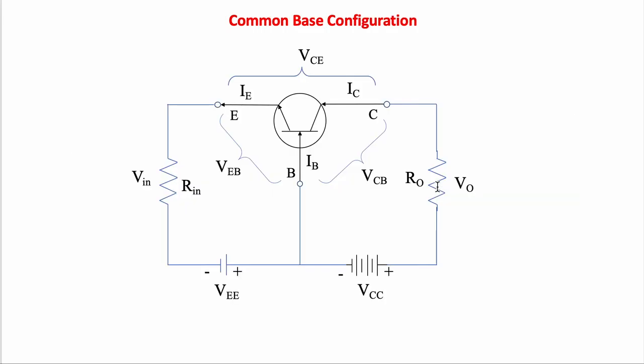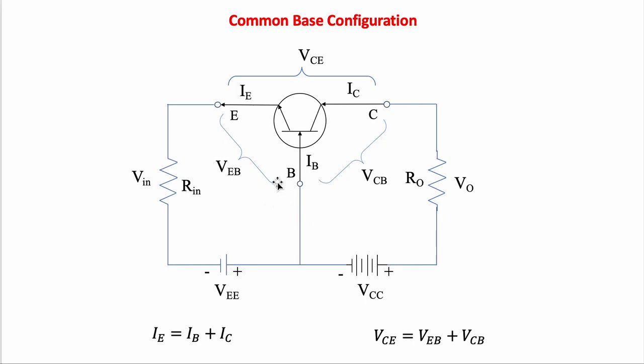configuration. So in the common base configuration, we apply the input between emitter and the base, as we discussed earlier, and take the output from the collector and the base terminals. And to bias the transistor, we apply VEE and VCC voltage supplies to the input and output circuits.